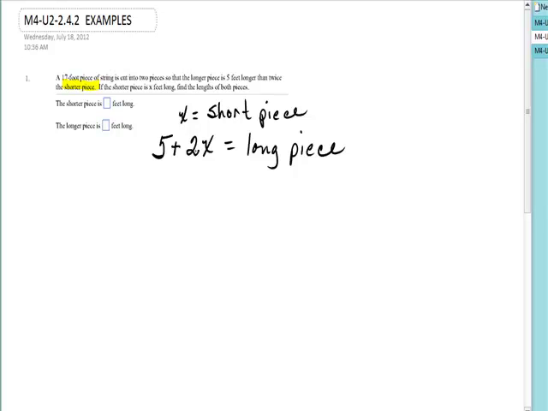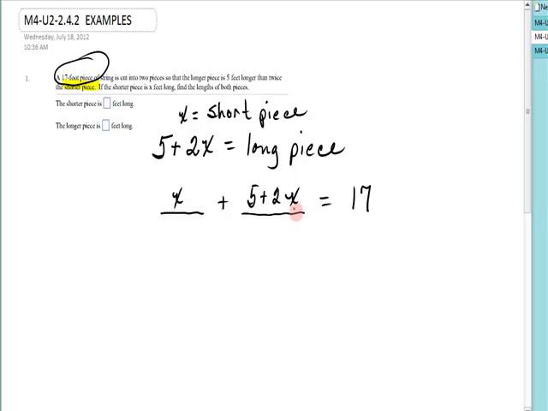You go looking for another fact. The other fact is that they combine to be 17 feet long. So the short one plus the long one equals 17, or X plus 5 plus 2X is 17. Their sum is 17. So you add the short and the long.